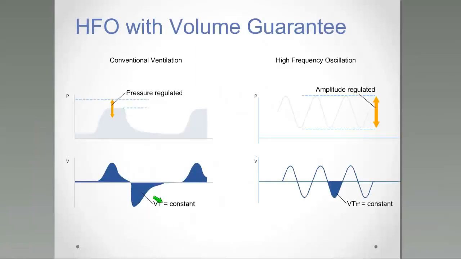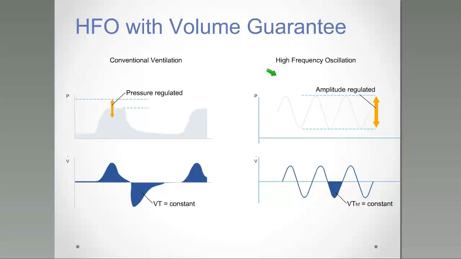But the most exciting thing is the possibility of using volume guarantee during high frequency ventilation. Remember that the volume guarantee is a modality of setting the expiratory tidal volume by increasing or decreasing the peak expiratory pressure during conventional mechanical ventilation. So this modality that was patented by Drager now can be used during high frequency ventilation.